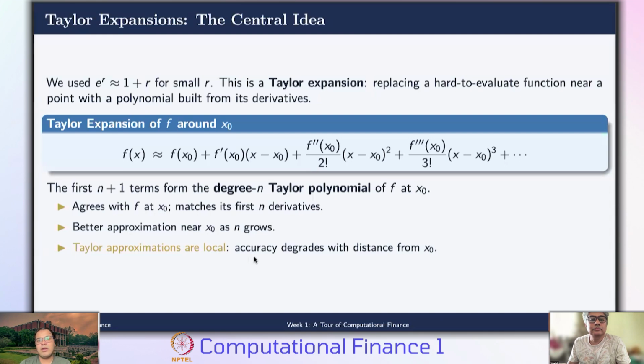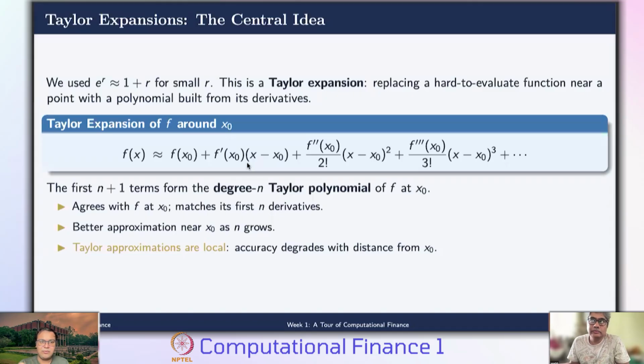But if you are taking a point which is very far from x naught, then these terms become important, and whatever we are not considering when we are stopping at, let's say, an nth degree polynomial, is still maybe significant. That is the reason why we say that Taylor approximations are local, because they work well when we are trying to approximate around the point that we have chosen, x naught.